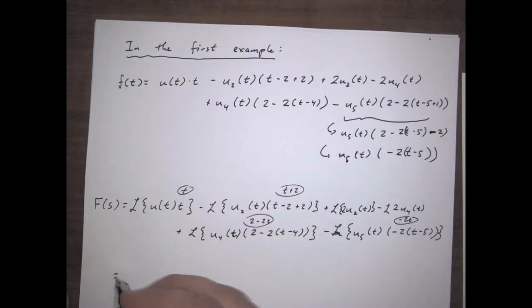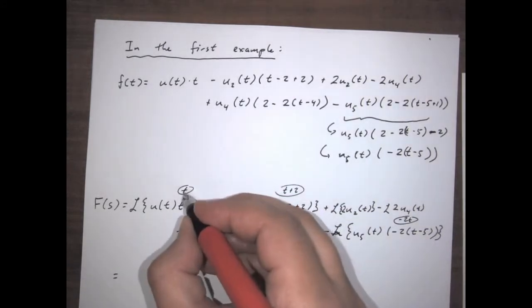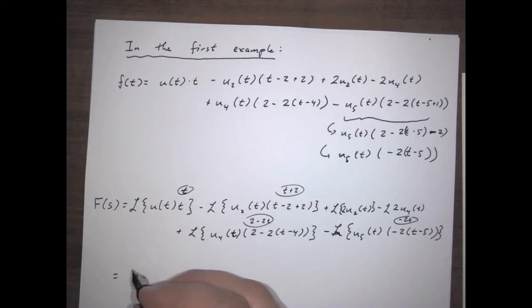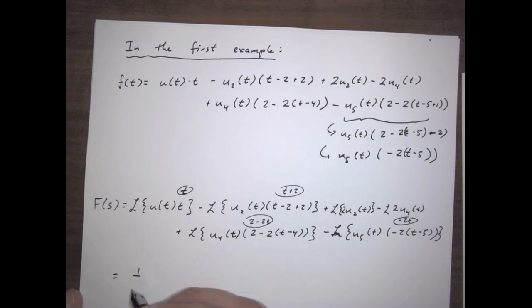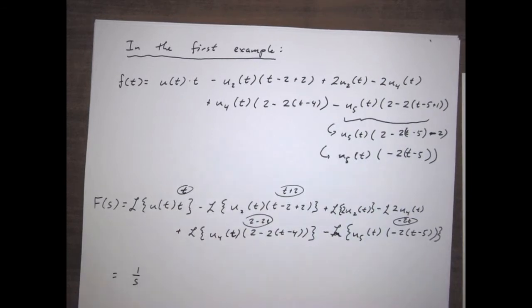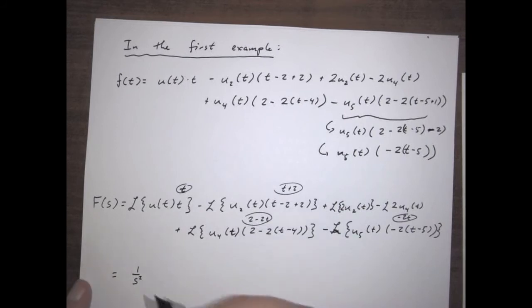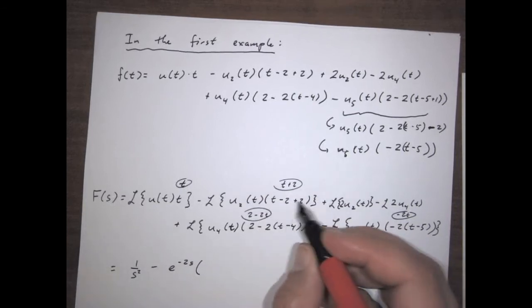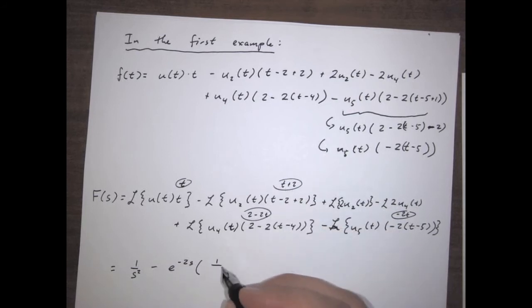So what we'll have right here is e to the negative 0 s, so that's just 1 times 1 over s squared, which is the Laplace transform of just a t. Here it's going to be minus e to the minus 2s times, for t plus 2, 1 over s squared plus 2 over s.